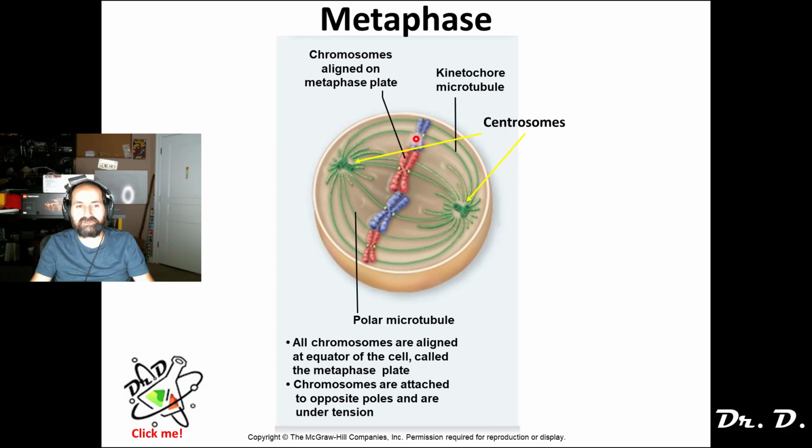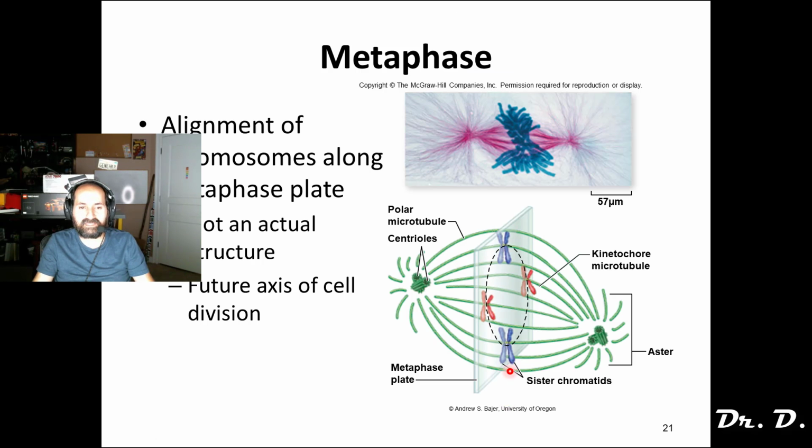So what you could say is the information's lined up, and each pole of the cell is attached to one copy of all the information. Okay, that's metaphase. And this imaginary line, you see this imaginary plate? They call this the metaphase plate. It's an imaginary plate on which the sister chromatids line up.